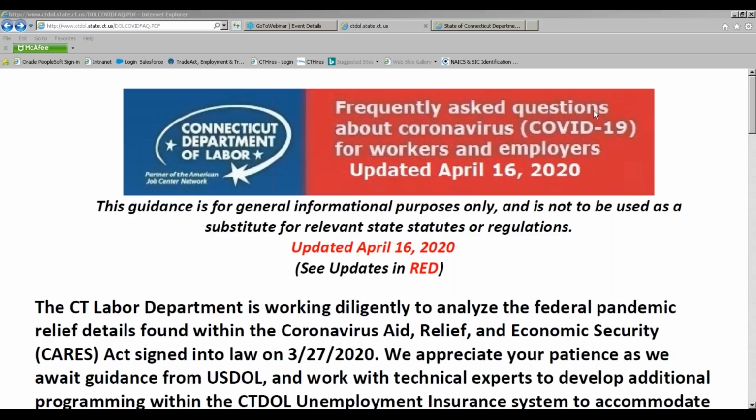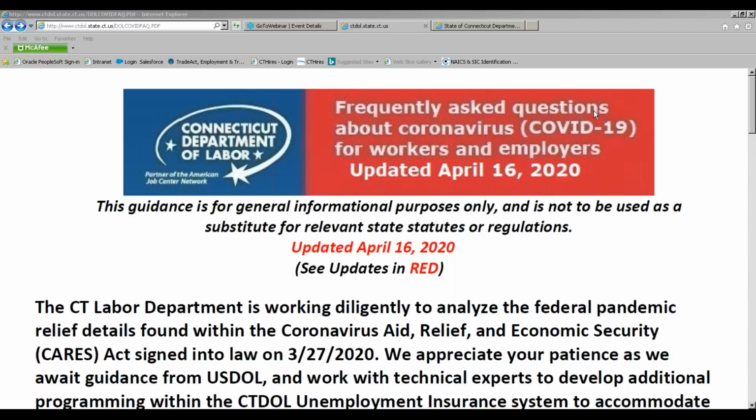And in some cases, you may have wages that cover both states, which they call a combined wage claim. So for instance, if you worked in Connecticut and you also have wages in a neighboring state, maybe you just moved here, you can file a claim with us, which is called a combined wage claim.